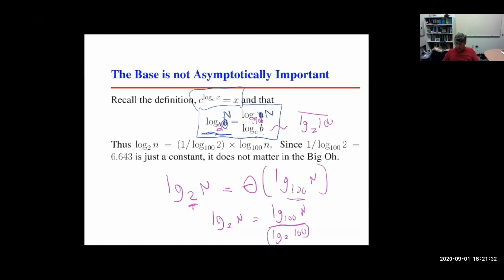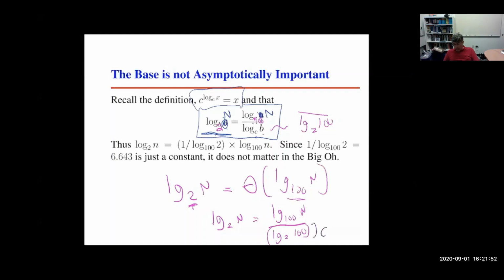What is the log base 2 of 100? I think that's somewhere between 6 and 7. But whatever it is, this is a constant. Does everybody agree that this is a constant?